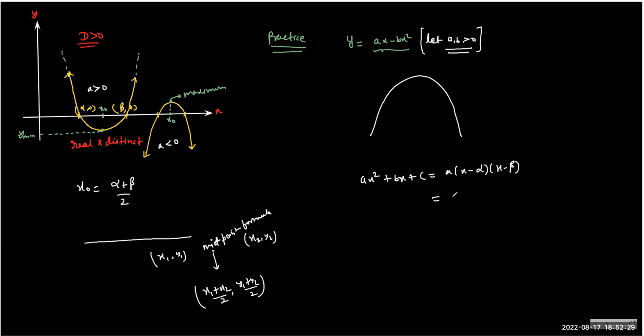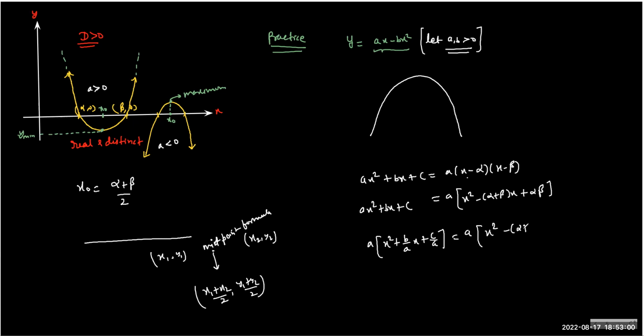Let's compare it. So if we expand this expression, x minus alpha into x minus beta. Okay, guys. Now on the LHS we have x square minus alpha plus beta into x plus alpha into beta.